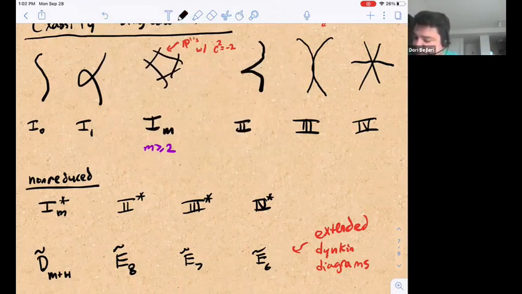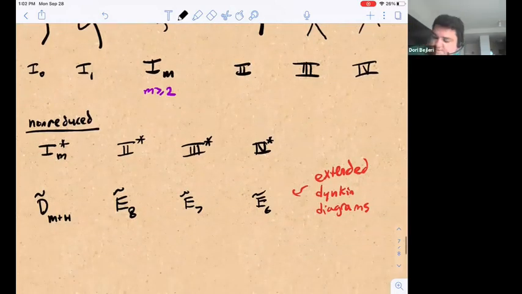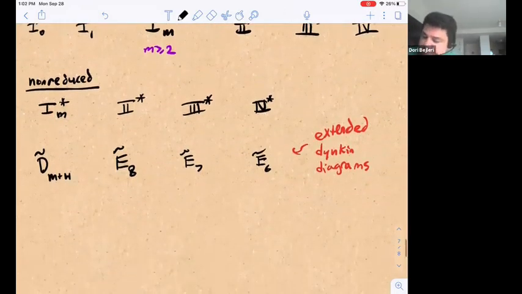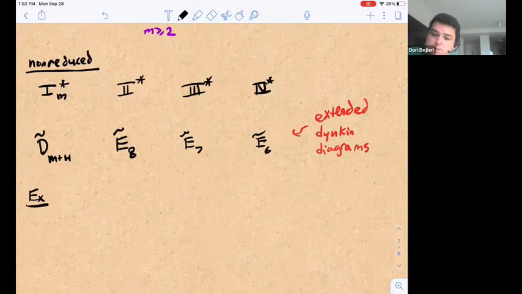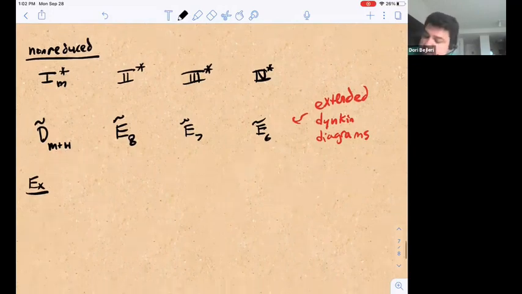and how you might begin to try to prove this type of classification. But let me give an example of what this fiber actually looks like from the Dynkin diagram. So a Dynkin diagram D4, say, looks like this.